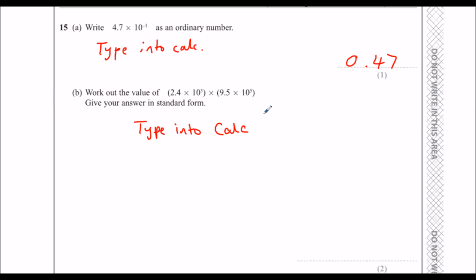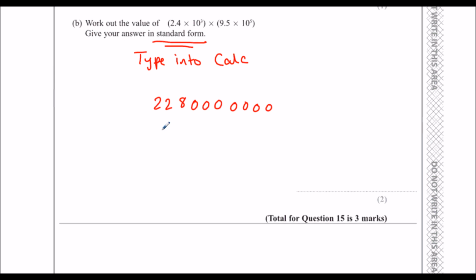Okay, so we should be getting out, just from typing it into the calculator, 228, and then a lot of zeros. 228, 0, 0, 0, 0, 0, 0, 0. And we need to give our answer in standard form though. So this is not in standard form at the moment.